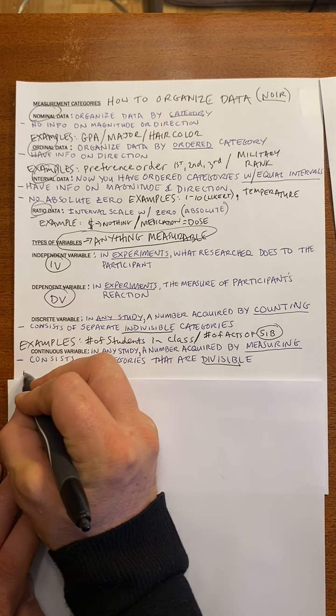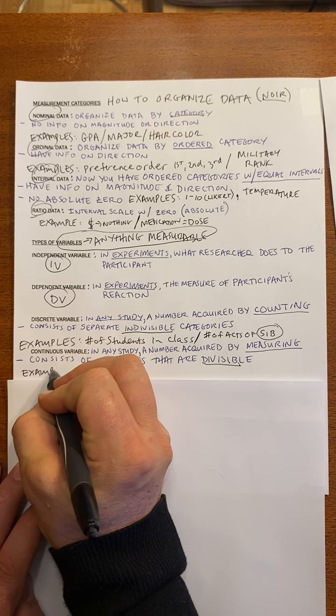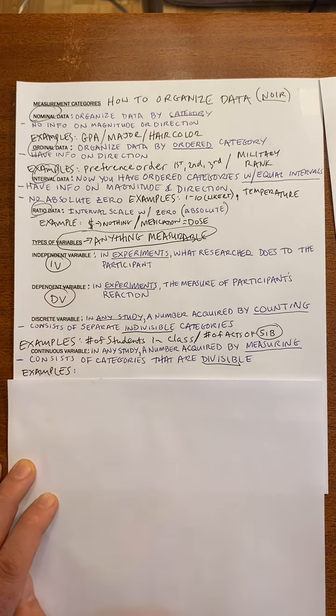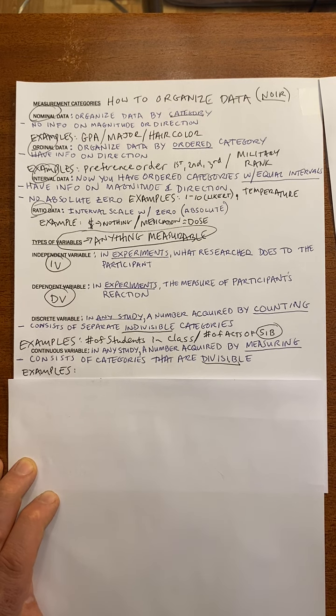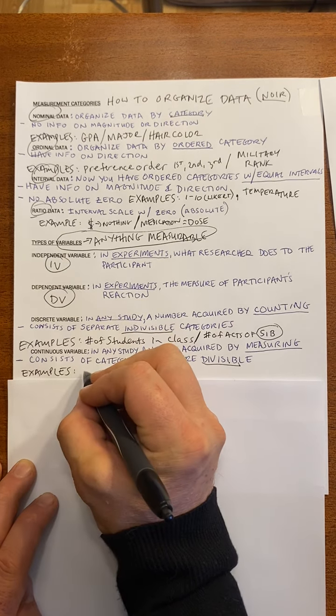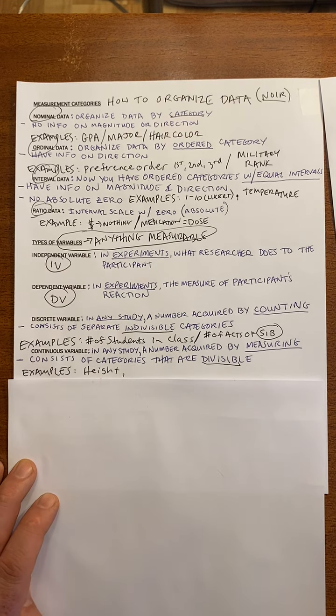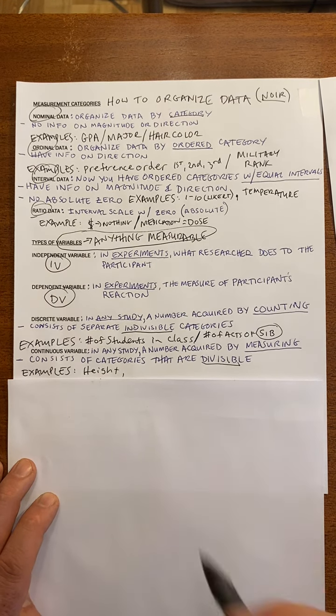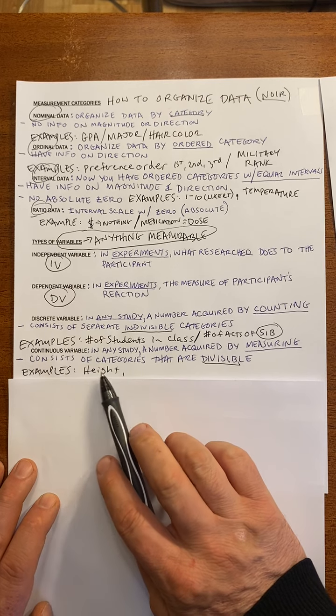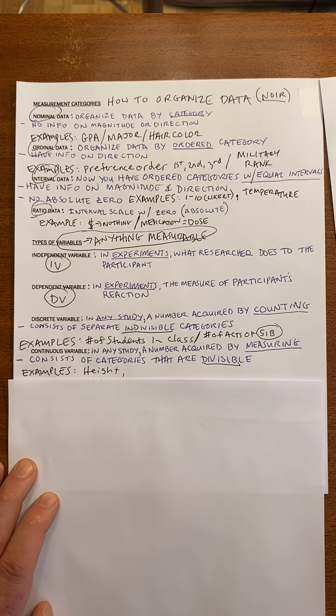So what are some examples of this? Let's go ahead and write the word examples here. And we'll just note some examples are things like a person's height, right? And this would be a very interesting variable to measure, again, when we're talking about depression.